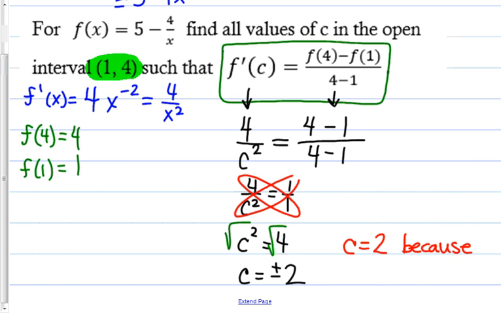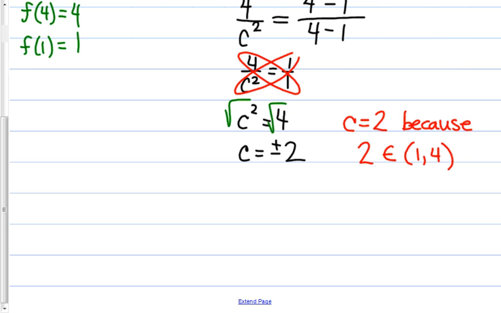And a nice handy-dandy way to write that would be to say 2, a little funky looking e, and then 1, 4. That e means element. You actually learned this in Algebra 1, or you're supposed to. It means element, which means that 2 is actually in 1 to 4.